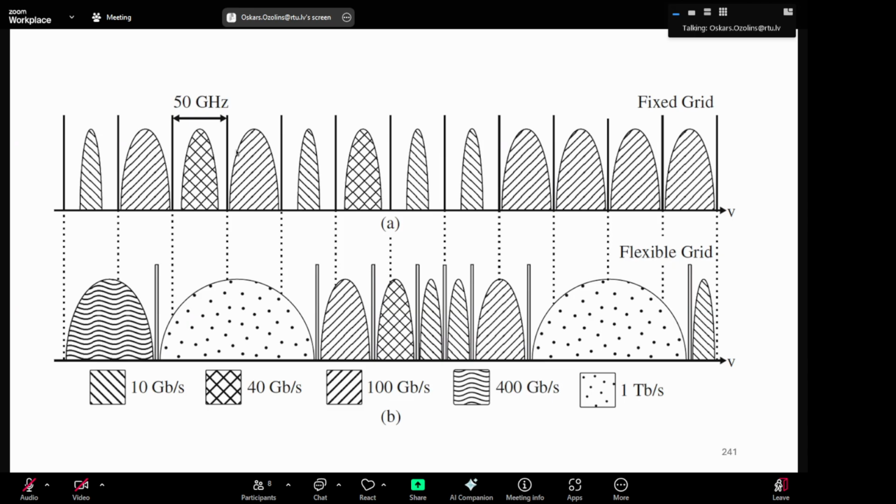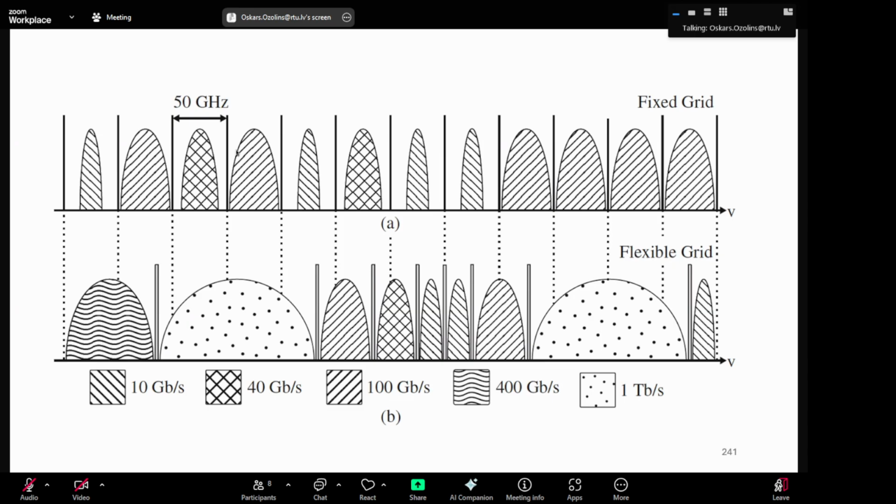There's a fixed grid, 50 gigahertz, 100 gigahertz, 200, 400, and then there's also a flexible grid. Then you are mixing together different systems, so there are different pros and cons.